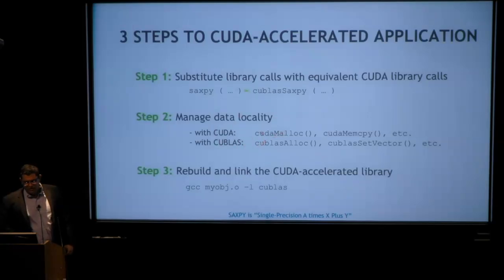So you have malloc or cudaMalloc here and cudaMemcpy to help copy that data from CPU to GPU, as we showed in that initial diagram earlier. And sometimes, by the way, this step is even done in the library itself. And then lastly, you can rebuild and link to your CUDA accelerated library. And that's basically it. You can take advantage of CUDA accelerated applications.